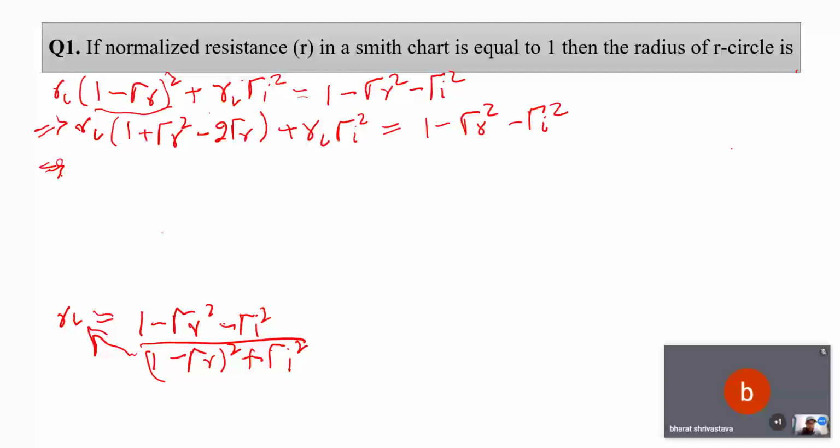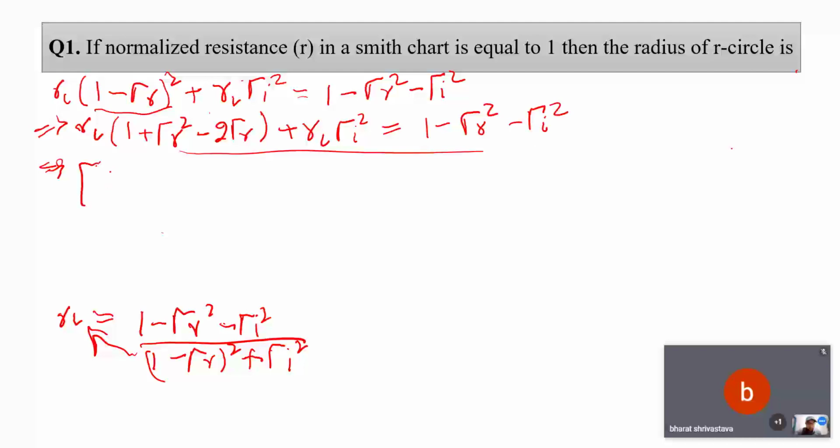We can simplify this equation further. After simplifying, I am directly writing the equation here.